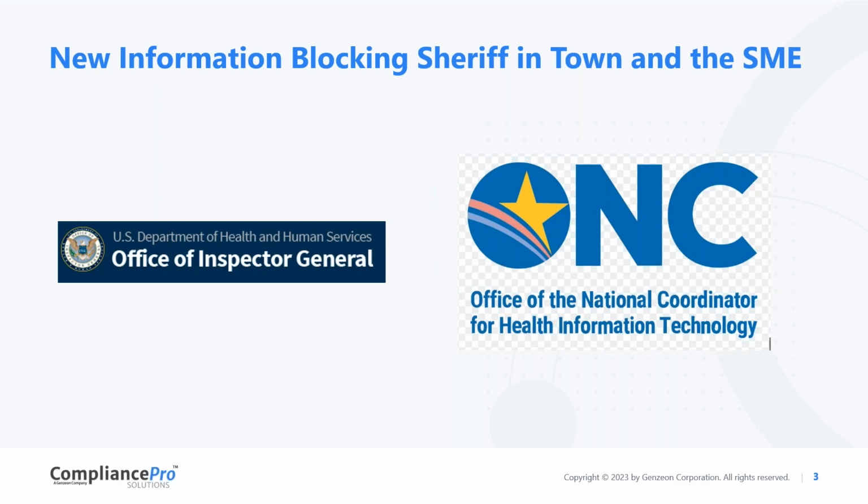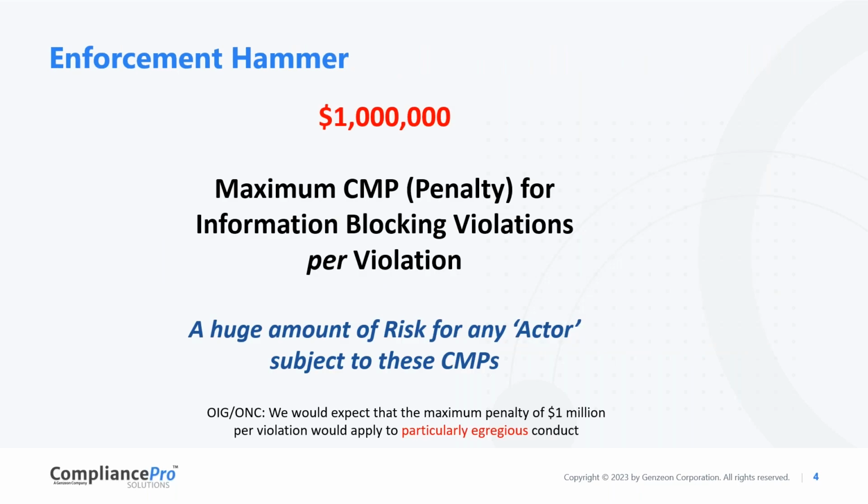We've known about ONC in the past, but for information blocking, these two agencies, and then of course, OCR, the Office for Civil Rights, because they also say in these penalty rule that if they need to reach out to the Office for Civil Rights, either for some investigations or subject matter expertise, they'll do that as well.